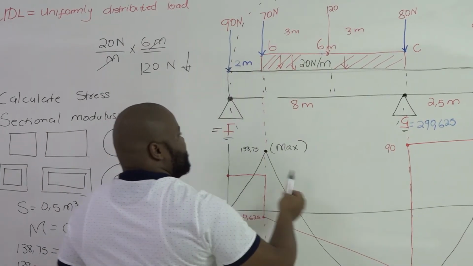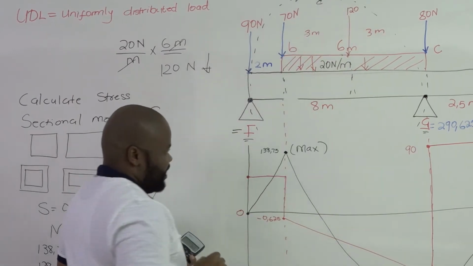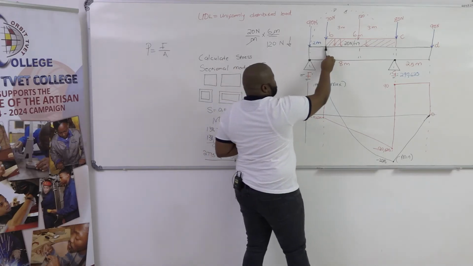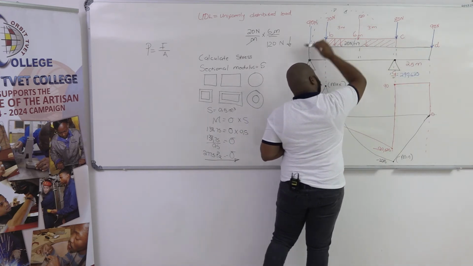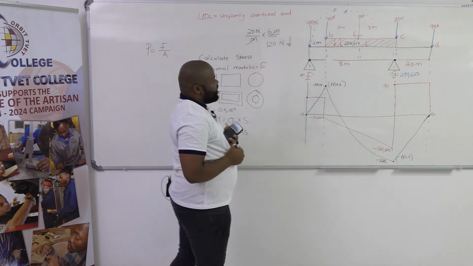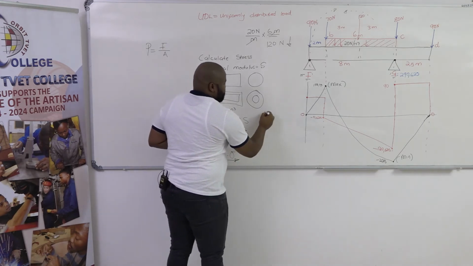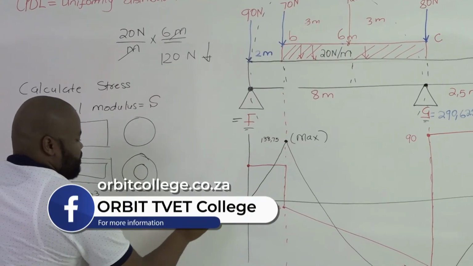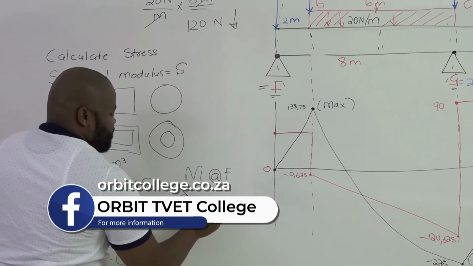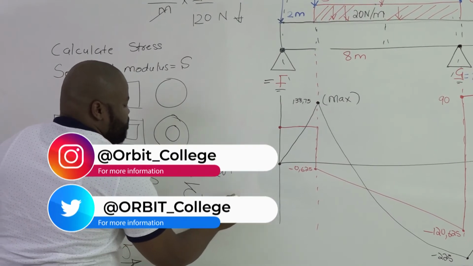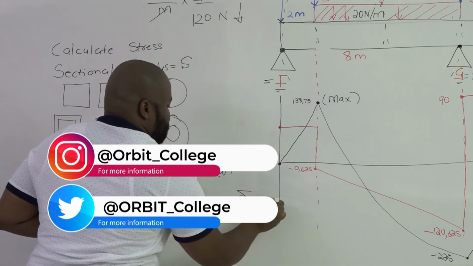You need to make the right determination to say that G is going in the anti-clockwise direction. So you'll have all these forces going clockwise except for G, which is going in the opposite direction. For us to say that moments at F, the total sum of clockwise moments is equal to the total sum of anti-clockwise moments.